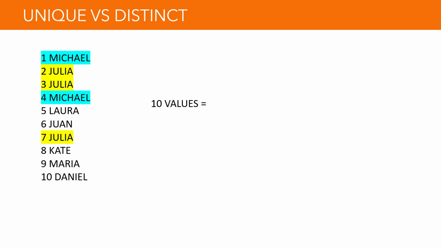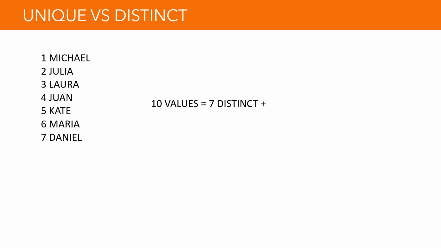So these are repeats. Let's remove all of the repetition. Let's remove these repeats and leave them only once. So now I'm going to return the table removing all the repeats, which means you have only 7 distinct values. We overall have 10 values, but 7 of them are distinct.